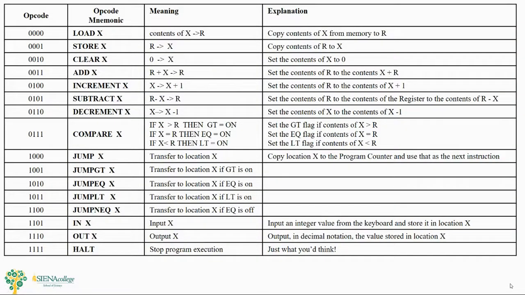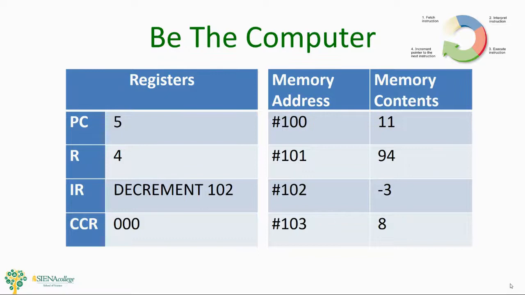So you should still have your mnemonic instruction, your machine language instruction set in front of you. All right, we're going to be the computer again. So here's a situation where we've got the program counter, and it says our next instruction is 5. The register already has a 4 in it.